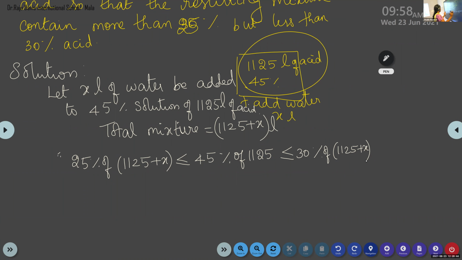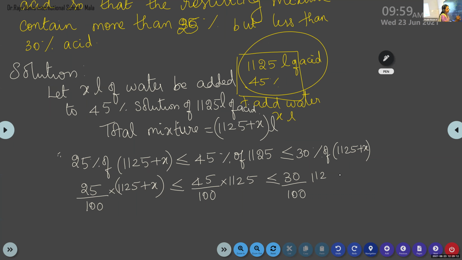The solution should lie between 25 to 30%. Now I am simplifying it. 25% means 25 by 100 of 1125 plus X, less than or equal to 45% means 45 by 100 of 1125, less than or equal to 30% means 30 by 100 of 1125 plus X. Is it okay?